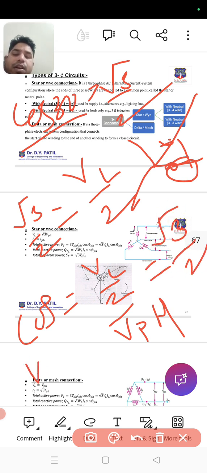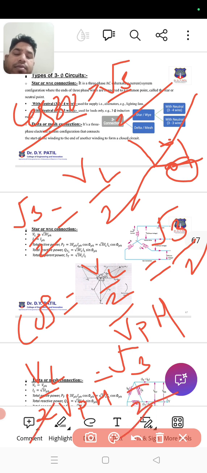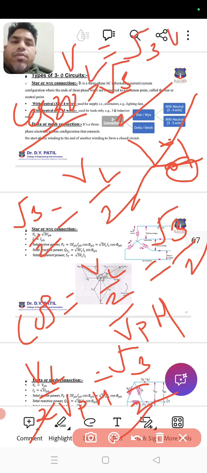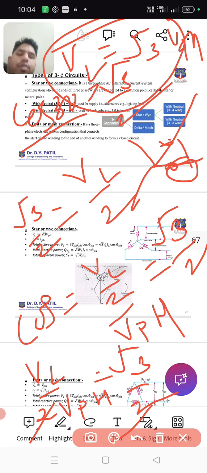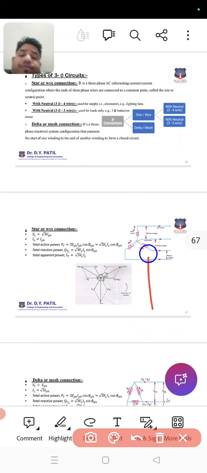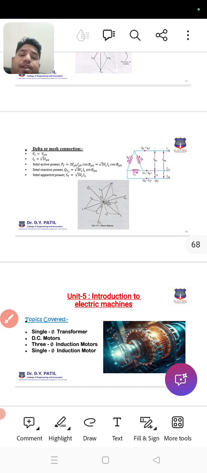So VL divided by 2 VPH is equal to root 3 divided by 2. The 2 cancels, and we get VL is equal to root 3 VPH. At the last we get VL is equal to root 3 VPH. The same we have to consider for the current as well.